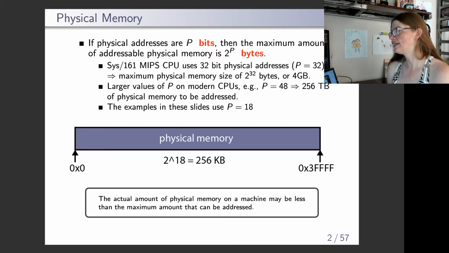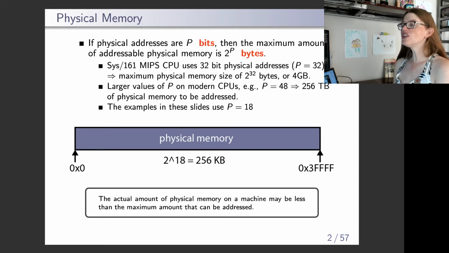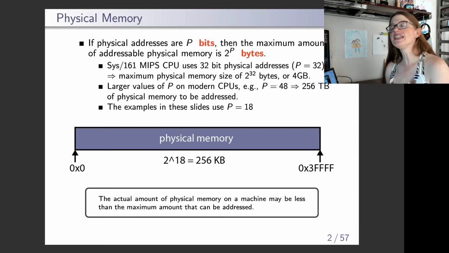That's certainly true. Now, an interesting thing I want to point out is just because you are using 48 bits to address your physical memory doesn't actually mean that you have to have 256 terabytes of RAM in your computer. Because obviously none of you sitting at home or in your basement or outside, or maybe you're the last person in Icon Tower, none of you have a computer with 256 terabytes of memory.